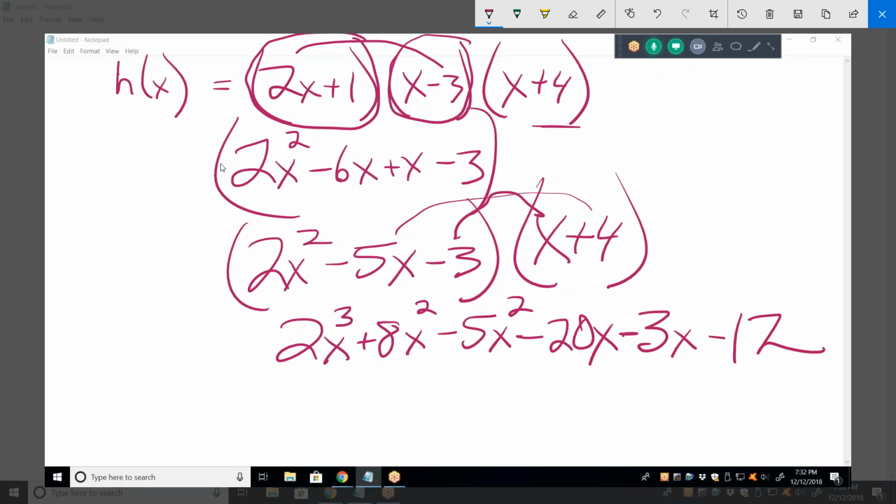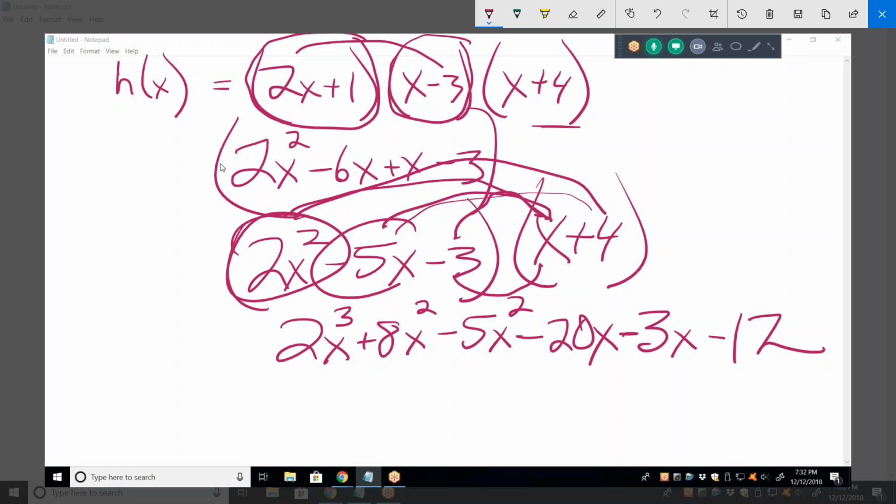Okay. Don't jump around. I see a lot of people where they'll do this times that, and then they'll do that times that, and then they'll go back and do this times that, and then they'll try this times that. By the time you're done, you're not sure you've done everything. So just start from the left, multiply both terms by that, and then both terms by that, and then both terms by that.